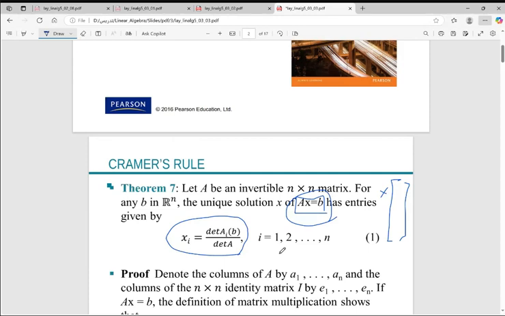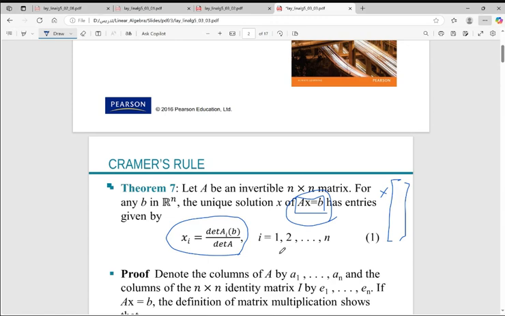This theorem says how to compute xi. So in the exam, for example, sometimes we tell you to solve the system of linear equations using echelon form, or sometimes using Cramer's rule. Then you should use theorem 7.